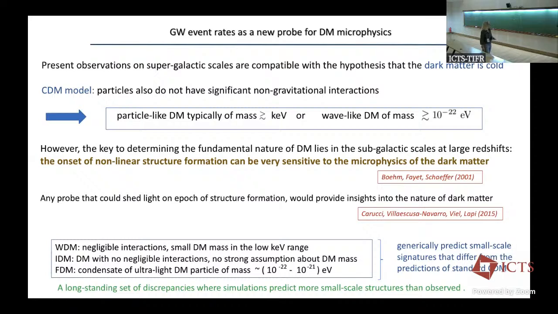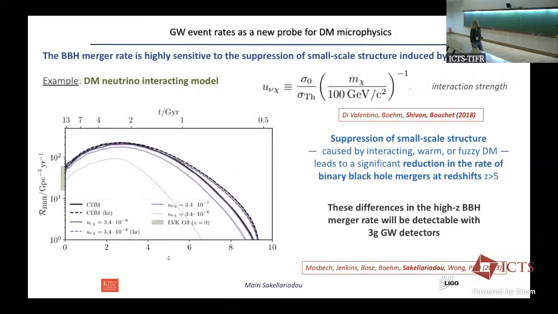So then what we did, we said, okay, let us consider a toy model of interacting dark matter, where we have a dark matter neutrino, which is interacting with a particle through a dimensionless interaction strength.